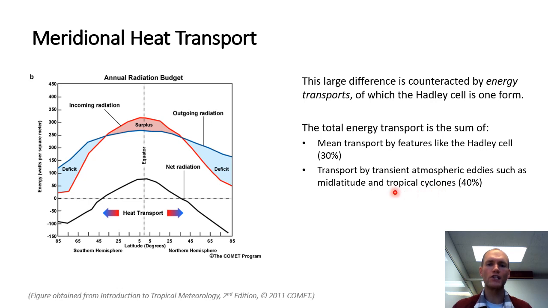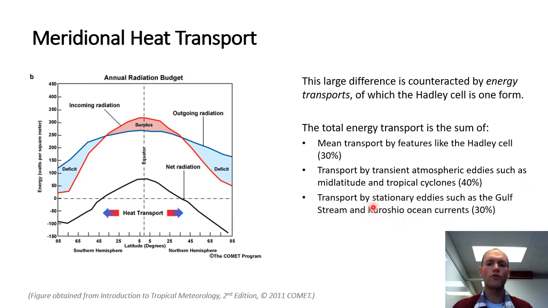Tropical cyclones do the same as well. They originate in the tropics and carry warmth and moisture poleward with them as they evolve through their lifetimes, sometimes depositing it into the mid-latitudes or even higher into the polar latitudes. Those are about 40% in the annual average of the total meridional heat transport, or energy transport more generally.